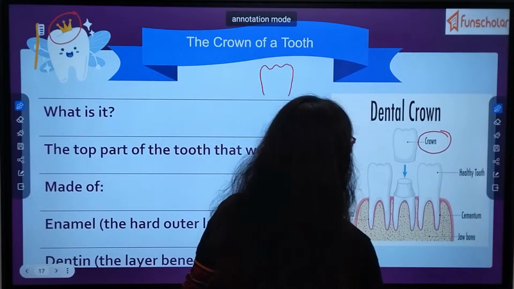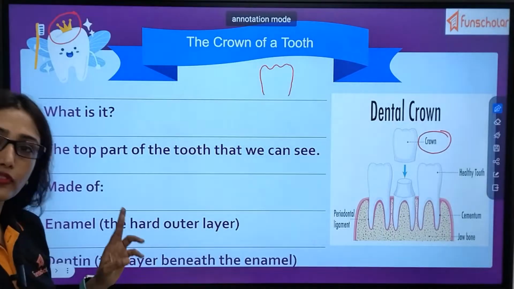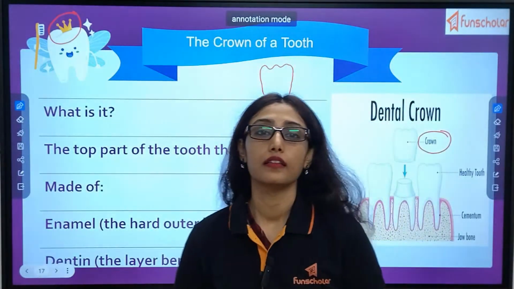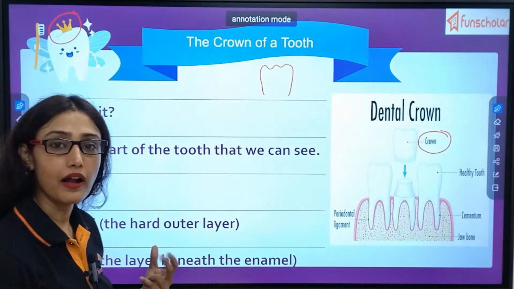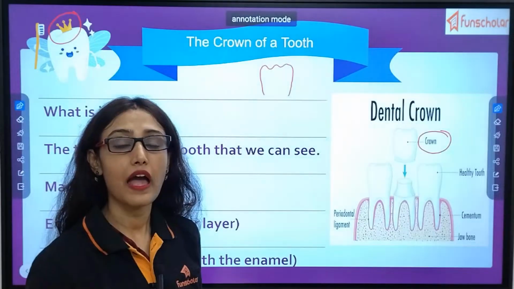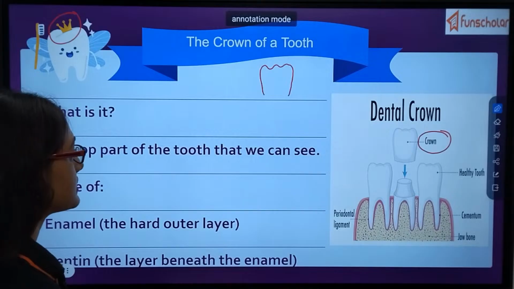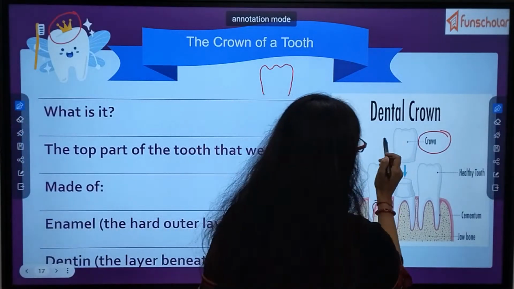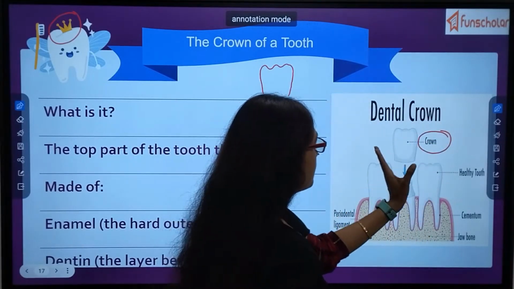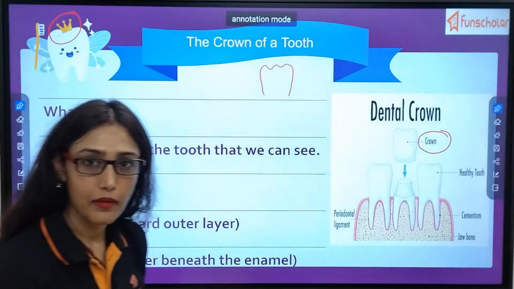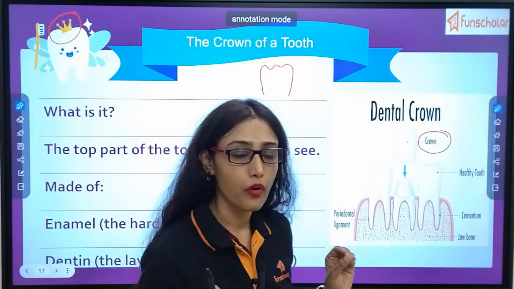Now, the tooth that we see is made up of two parts. The visible part is known as enamel, and the non-visible part beneath it is known as dentine. The white colored part is covered by a layer known as enamel, and enamel is the hardest part of our body.